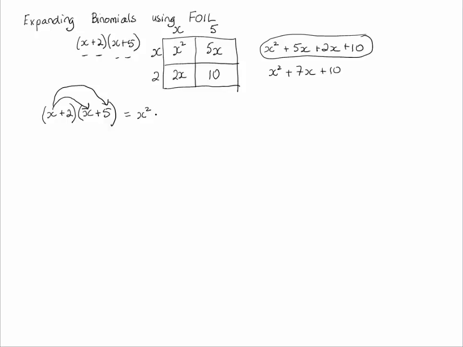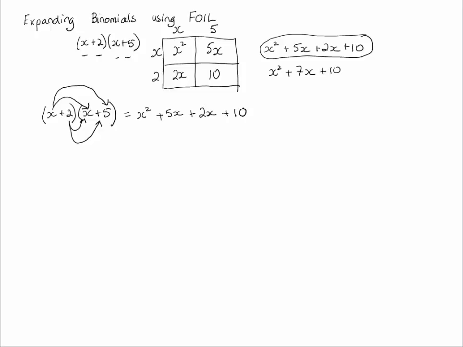So x times 5 is 5x. Now we're going to forget that the x is there, and we'll multiply the 2 by each expression in the second set of brackets. So 2 times x is 2x, and then 2 times the second term, 2 times 5 is 10.